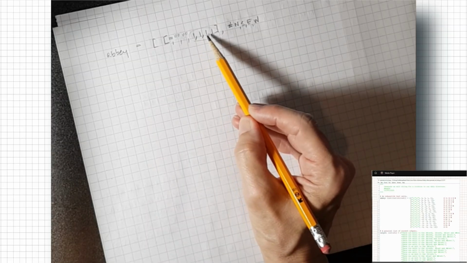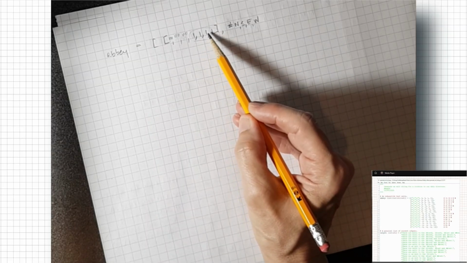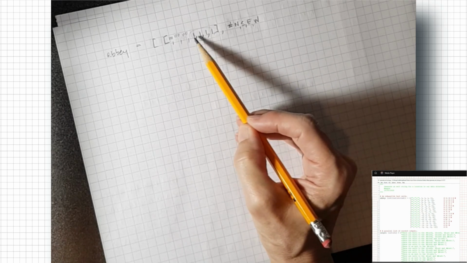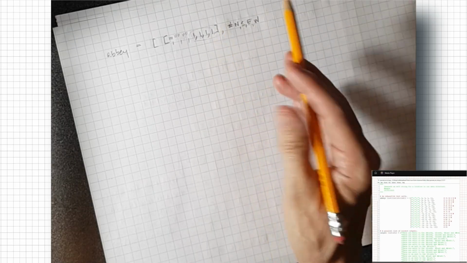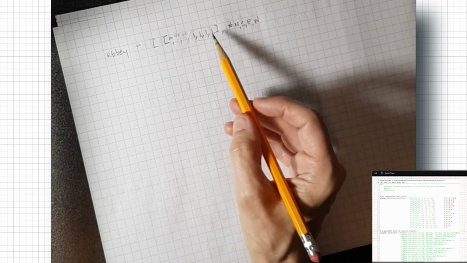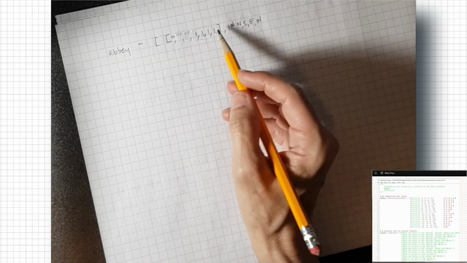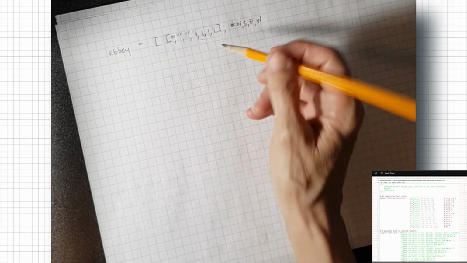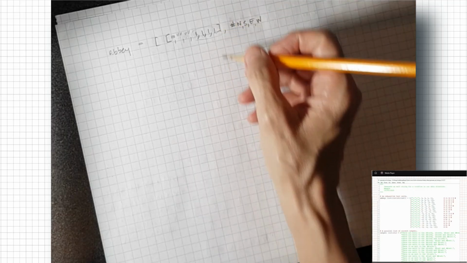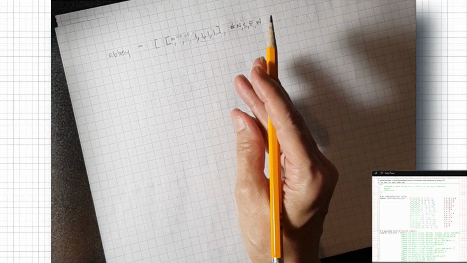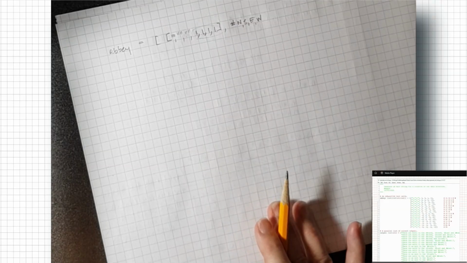Then 1, 1, negative 1, 1, then 1, 1, negative 1, negative 1, 1, negative 1, 1, 1, and so on. We can be exhaustive because there aren't that many, so we can go through and list out all of the possible combinations of whether there is an exit or not.